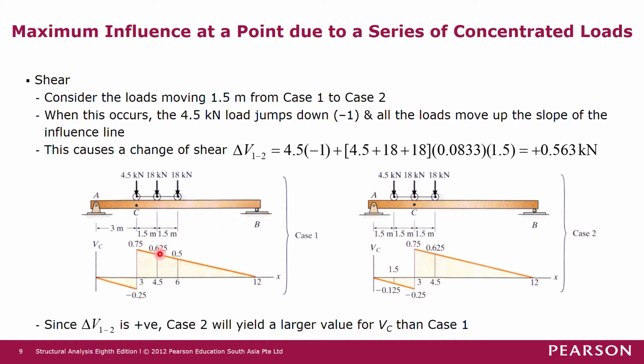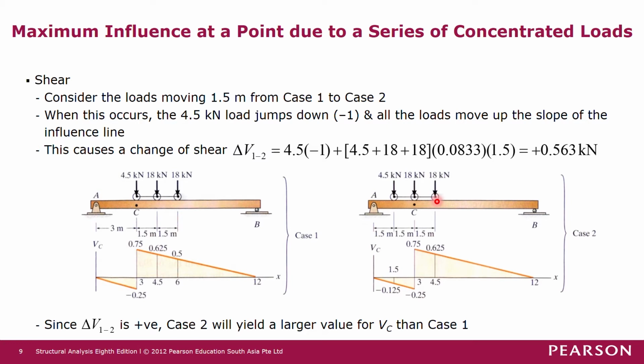This force moves on the slope by 1.5 meters in the horizontal direction, and there is an increase in shear force. The increment is calculated as the force times the change in ordinates, which is given by the slope multiplied by the horizontal dimension, 1.5 meters. Then the next force that we look at is the other 18 kilonewton force. It moves from here to here.